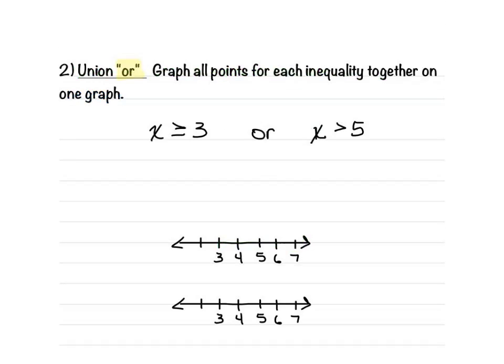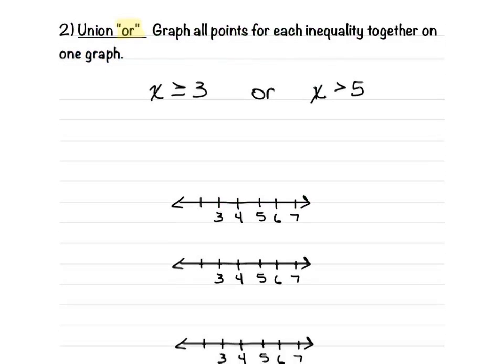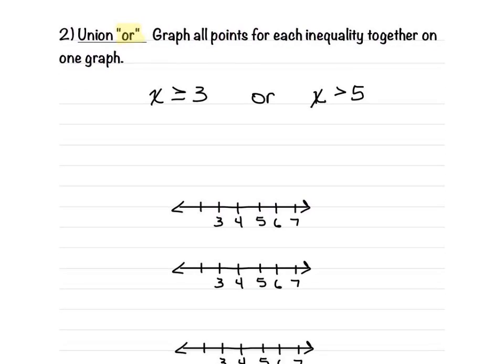Now let's look at the second type of compound inequality, and this is the union. The key word is "or." For this kind of compound inequality, you're going to graph all points for each inequality together on one graph.